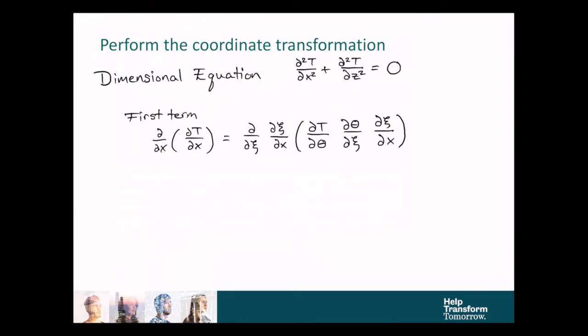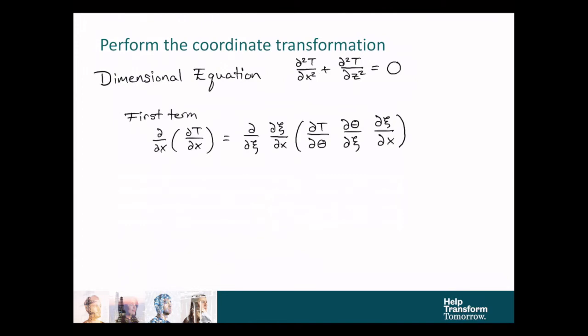Likewise, we want to take the dT dx term and transform that into something that looks like d theta dx. And so to do that, you first differentiate T with respect to theta, then differentiate theta with respect to xi, and then differentiate xi with respect to x.